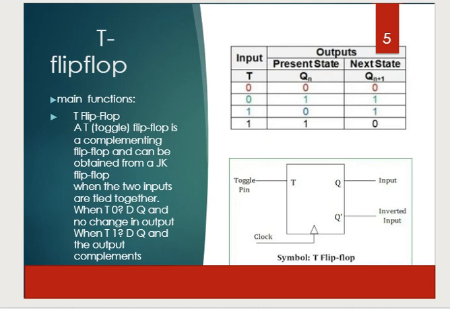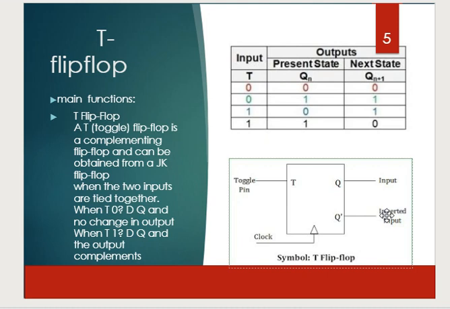A T flip-flop can be derived from a JK flip-flop if we provide a single input to J and K. Suppose T is 1, then it is 1 for both J and K, and we'll get the output. I have listed the truth table also. You can see on the screen the truth table, and we'll get Q and Q complement as output.